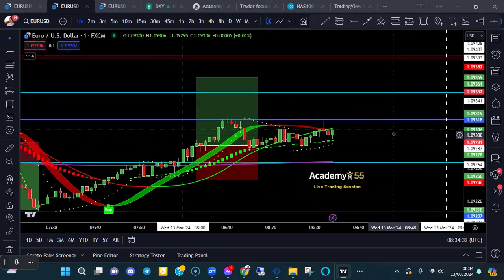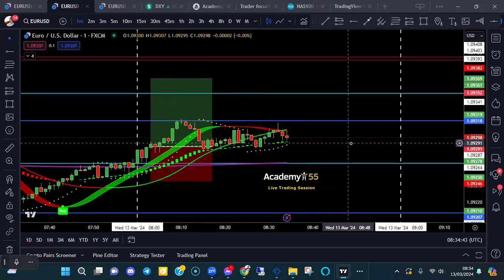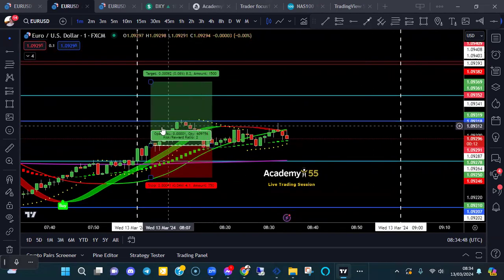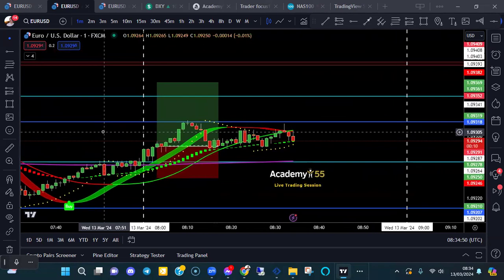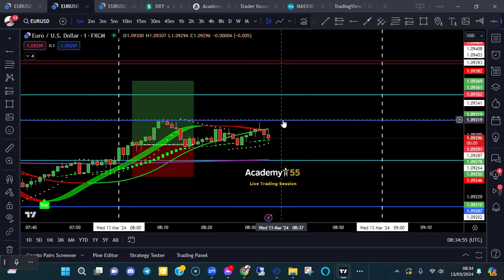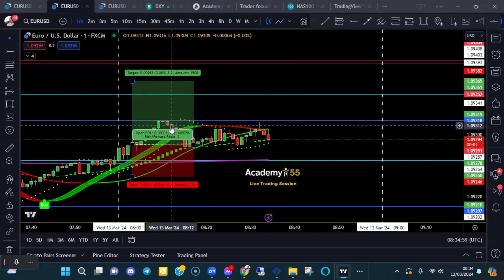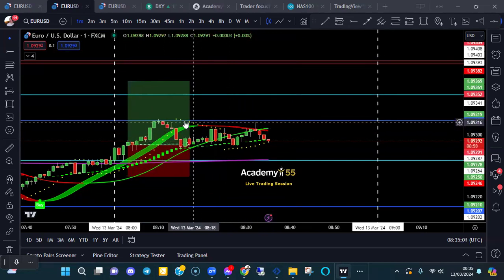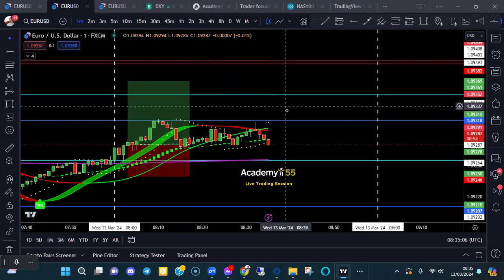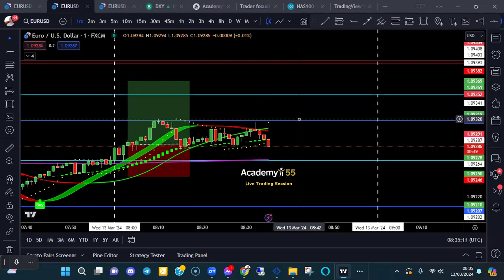So we need a bit more volume to go into the trades to get over this line here. And if there's enough volume to do that, then this line, which is acting as resistance at the moment because it's resisting price, can then act as support once price gets over it.